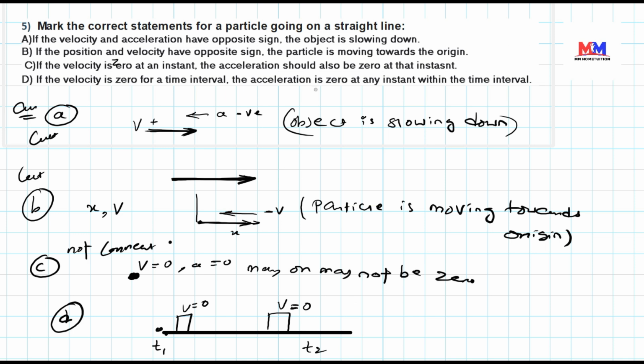Acceleration is change in velocity divided by time, so if velocity is 0 within the interval t1 to t2, then acceleration is also 0 within the interval. Yes, this is also correct.